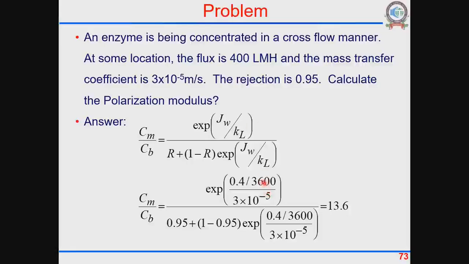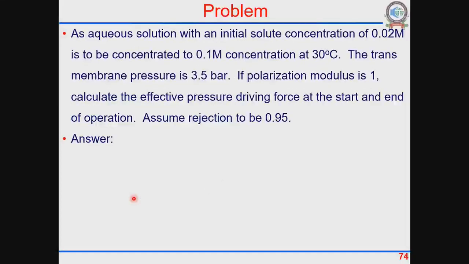So if we convert to meter per second, we'll have to divide by 3600, and then rejection is 0.95. If you substitute that, you will find that the polarization modulus is 13.6, which means the concentration of the solute near the membrane is 13.6 times that of the bulk concentration. And you can see the very large problem that this would create for the membrane separation.